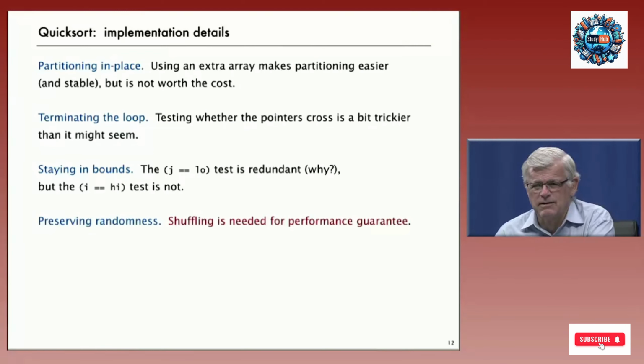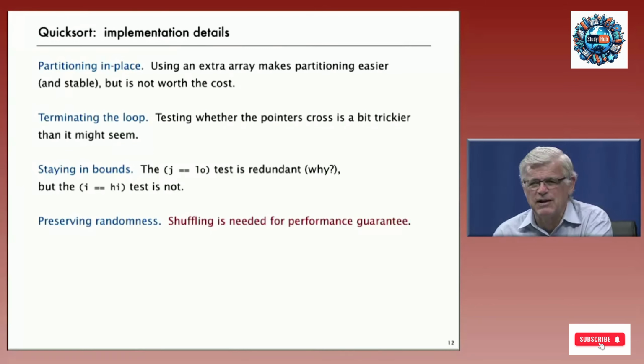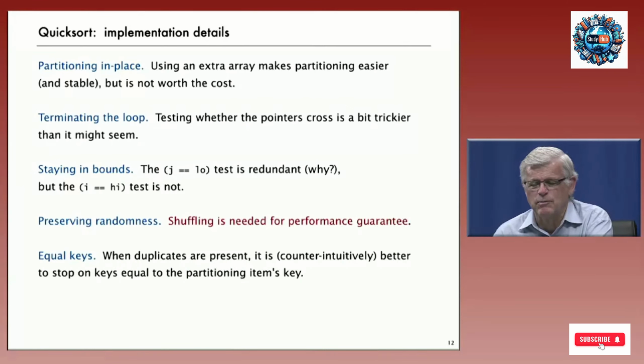And one key thing is that the way these implementations work, if the array is randomly ordered, then the two subarrays after partitioning will also be randomly ordered. Actually, some implementations of Quicksort out in the wild don't have this property, and they suffer a little bit in performance. That random shuffle at the beginning is important and needed for guaranteeing performance.